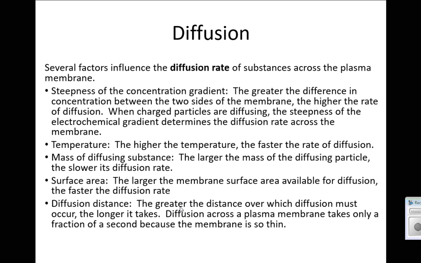This one is easy to describe. Basically, the bigger the substance, the slower it moves, which makes sense. Okay, the bigger we are, the slower we generally move, right? Surface area, the more surface area available for diffusion, the greater the rate of diffusion.